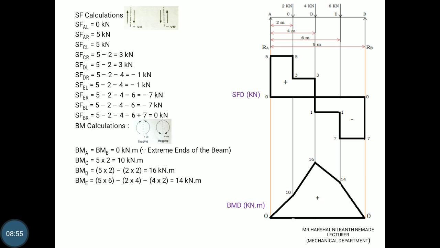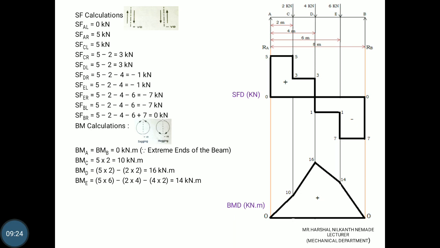Now on the span only to the right side, at A right I will make one section. I will get to the left side only one force which is upward, and that is RA value, that is 5 kilonewton. Now again at C left I will get one force, that is 5 kilonewton. At C right I will get 5 minus 2 is equal to 3 kilonewton.